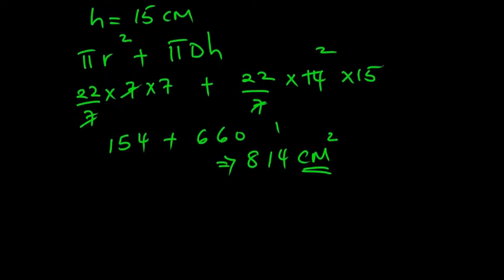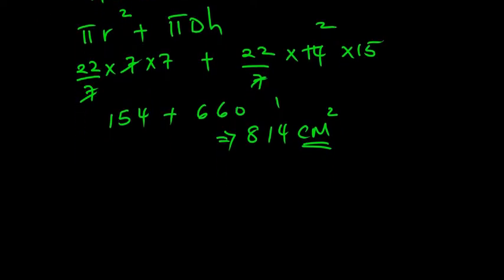Let's have one final example, and probably you can work this one out by yourself, and then let me know the answer by commenting on this video, so that I will tell you whether the answer that you have given is correct or not.